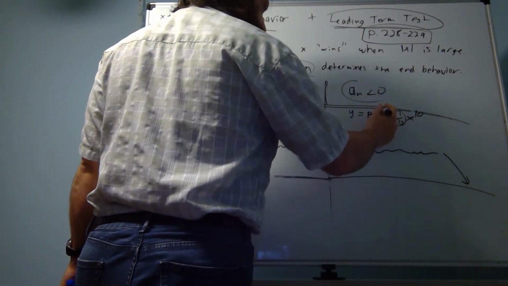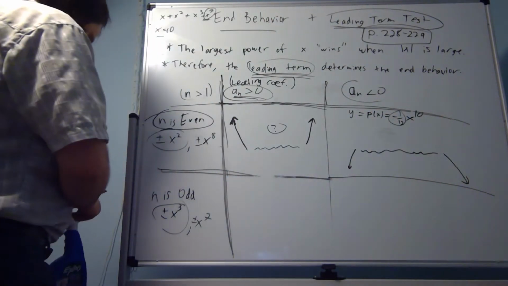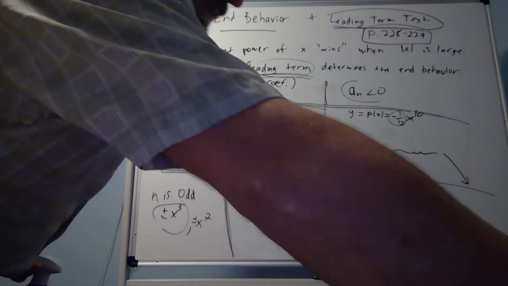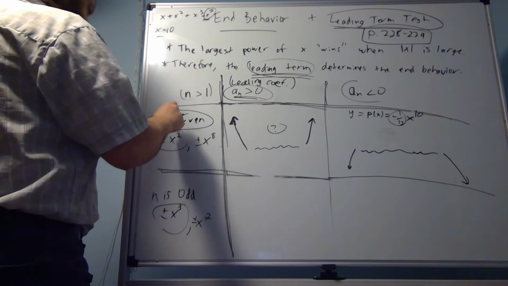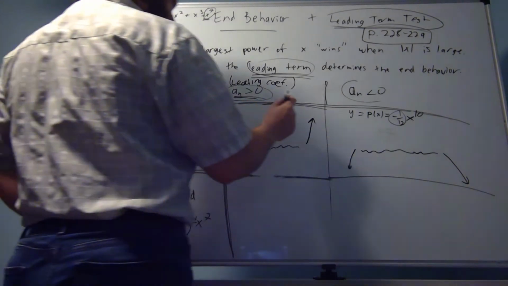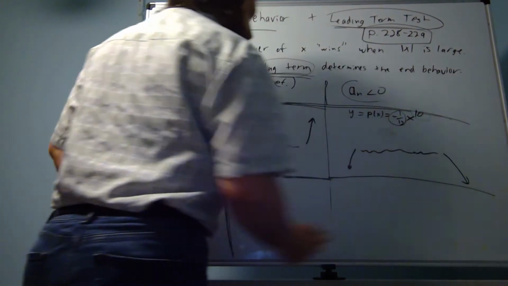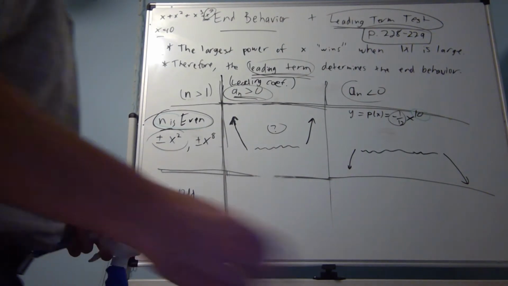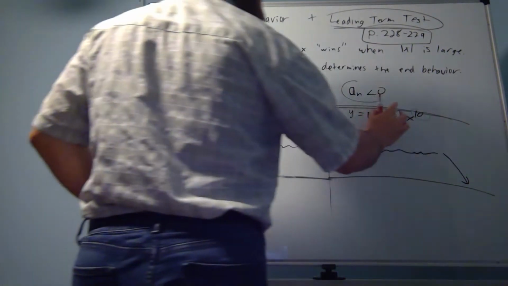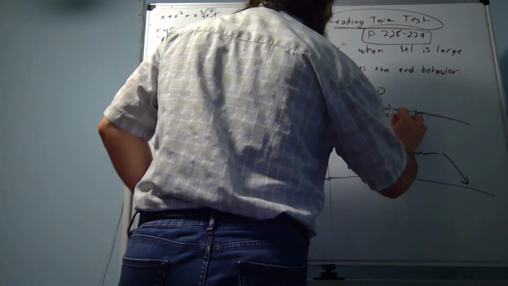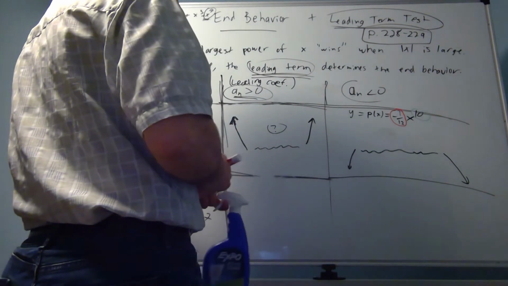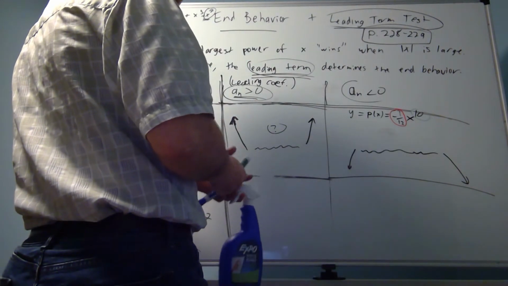We have the coefficient is negative, and I believe I've been using green for the degree in the previous video, so let's do that again. So n is even, n is even, and I think I used red for the coefficient. So it could be negative 2x squared, it could be negative 7x to the 8th.